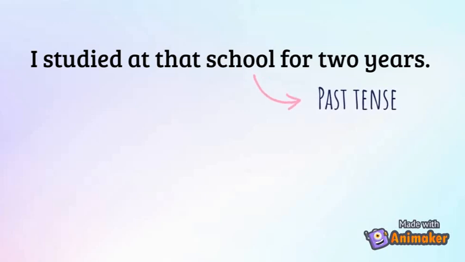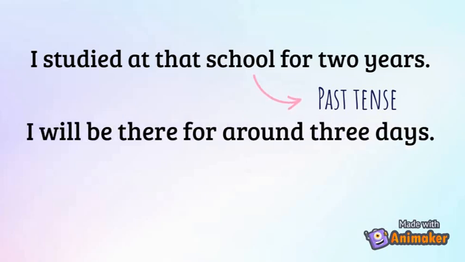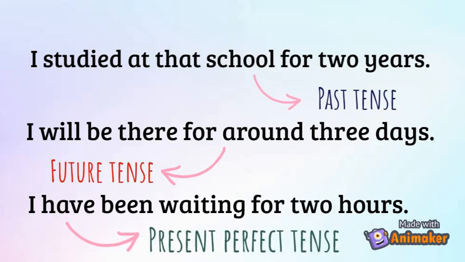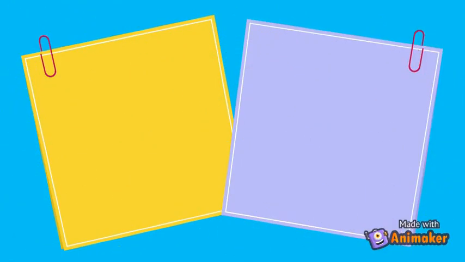This talks about a duration, for 2 years, and it is in the past tense. After that, I will be there for around 3 days. This is in the future tense. After that, we say, I have been waiting for 2 hours. This is in the present perfect tense. So we can see that we can use for in different tenses.